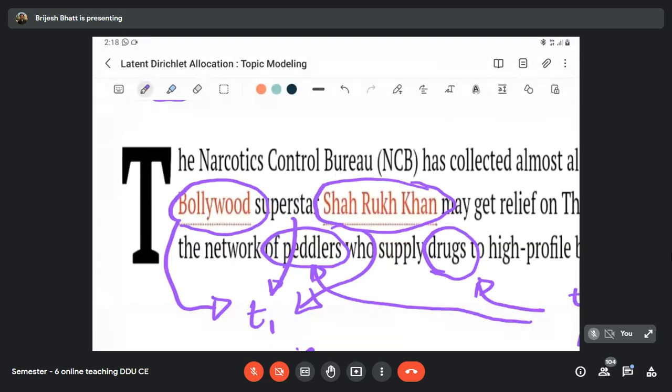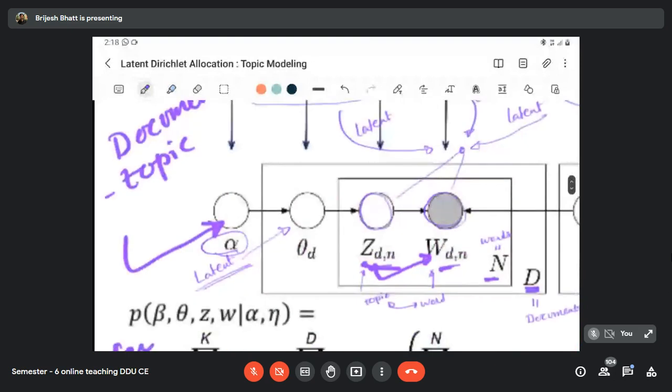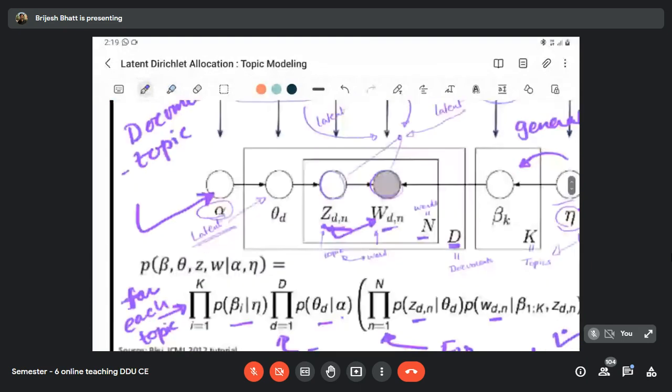So we want to make an assumption. That assumption is that it is coming from an underlying Dirichlet, which we want to control by alpha and eta parameters. And once that is given, we look at the word and we assign the corresponding topic.